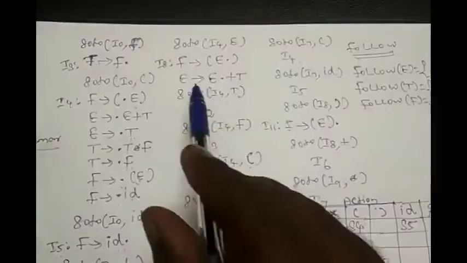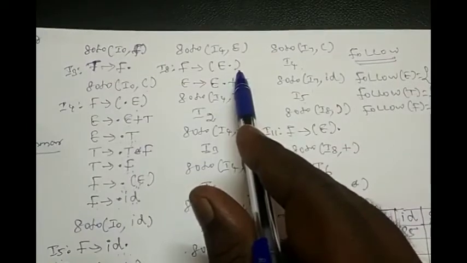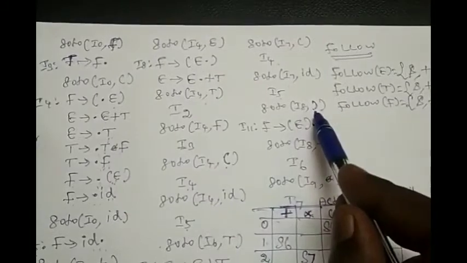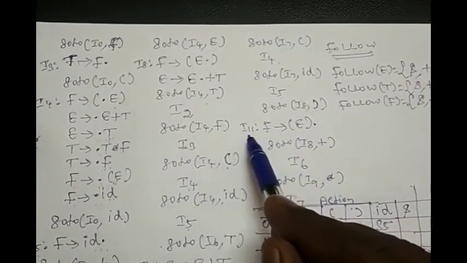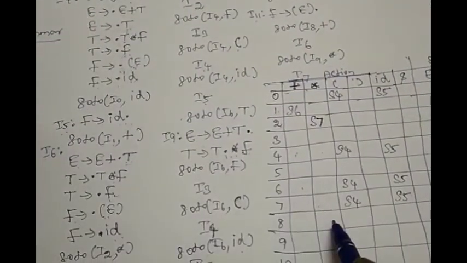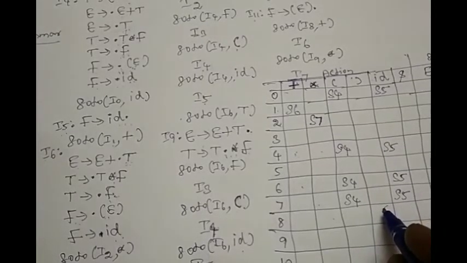Now we will go for I8, as I7 has been processed completely. In I8 there is a dot before an open bracket, so we have to go for I8 comma open bracket. Goto of I8 comma open brackets gives me I11. Sorry, it's close brackets, isn't it?